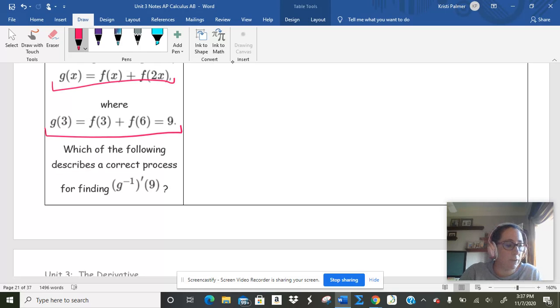So now we're reviewing, if you remember, the inverses. So the first thing I have to do is say, well, where does g of x equal 9? And we just got that right here to say that's going to be 3. So then the next thing I need to find is g prime of 3.